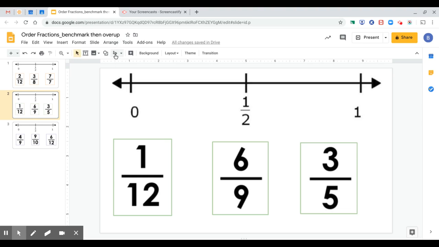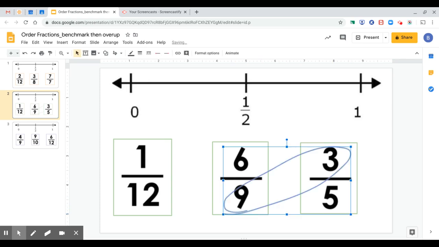So what we're going to do is multiply over and up. 9 times 3 is 27.